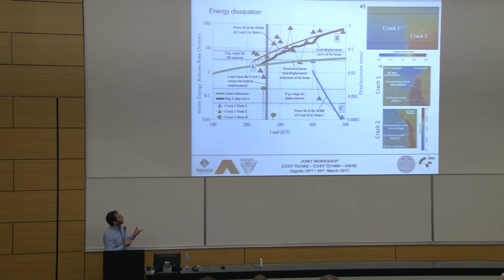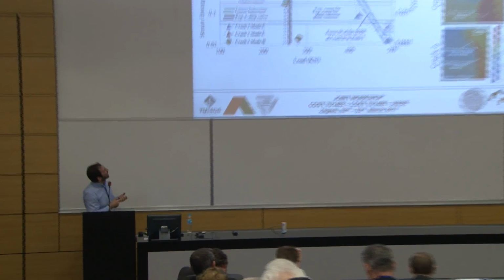So even if we don't know the loading conditions and the loading history of our structure, we can measure that this structure is releasing energy in mode 1. And when the crack crosses the reinforcement, some shear appears, but then the crack continues moving in mode 1.